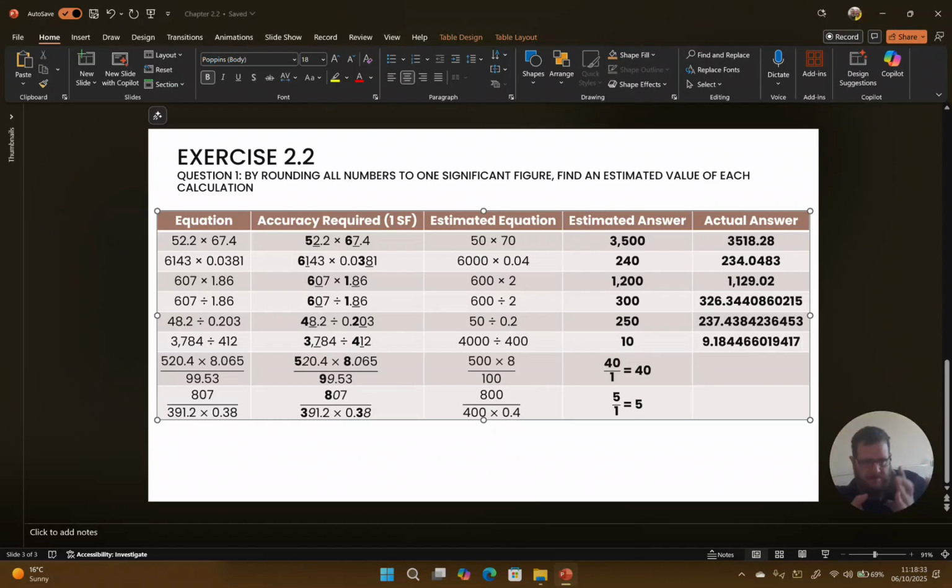There we go. And this is where I switch over to my scientific calculator, because I then have fractions to deal with. 520.4 times 8.065, and that's over 99.53.